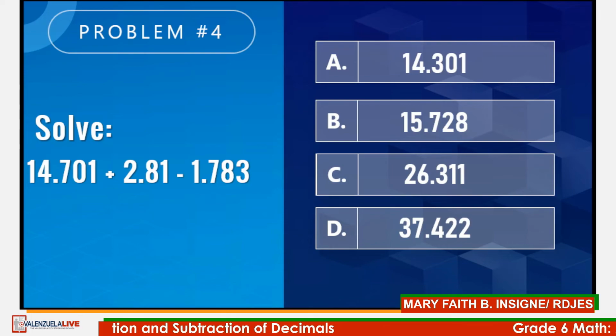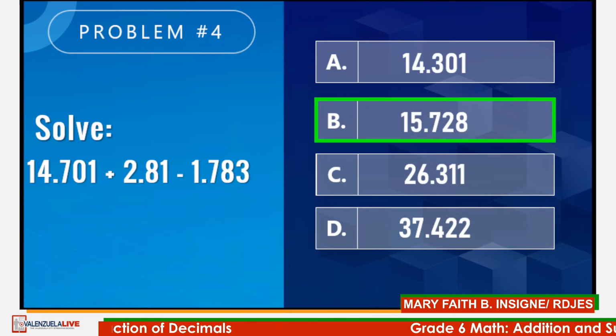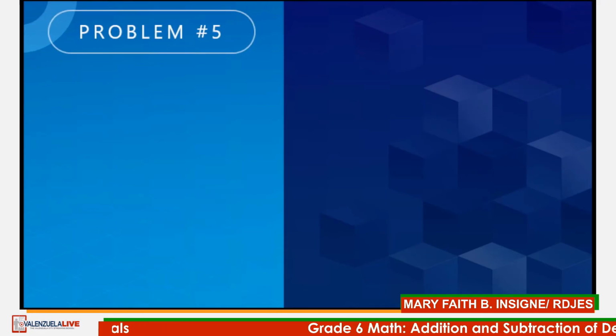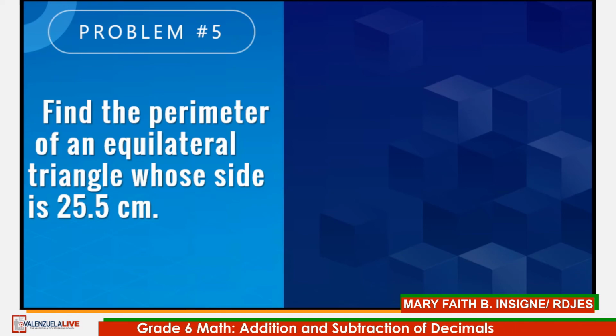Right, time's up. Great job. The answer is letter B, 15 and 728 thousandths. For the last problem, we have find the perimeter of an equilateral triangle whose side is 25 and 5/10 centimeters.